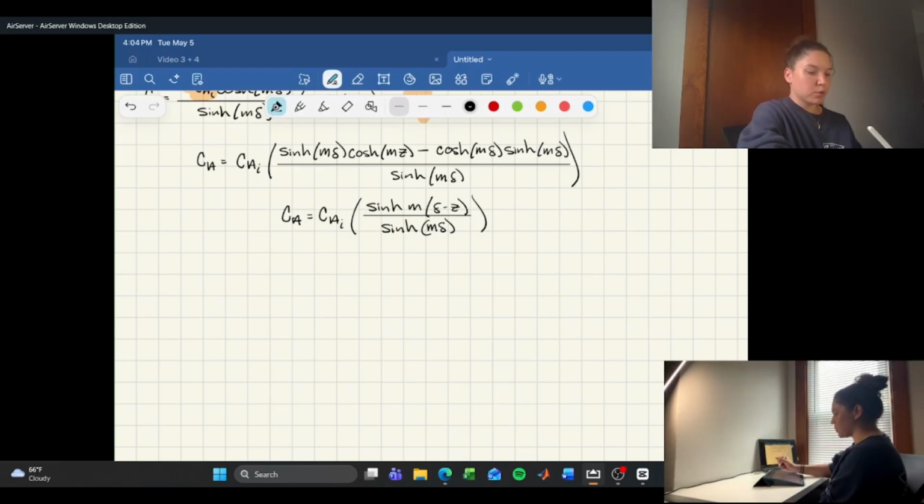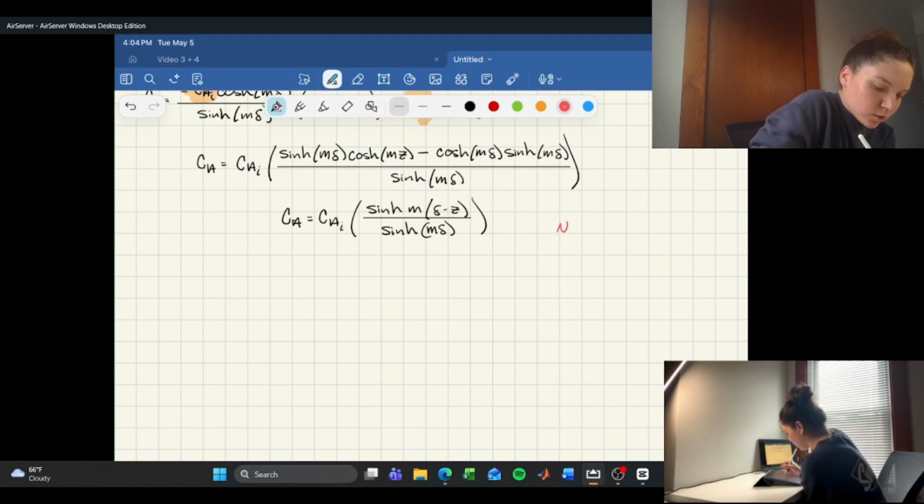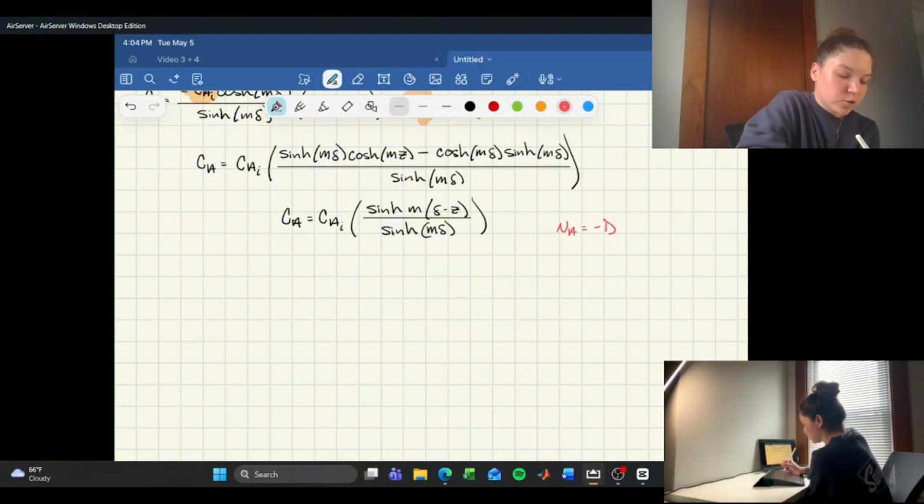And then if we remember back to the beginning of the video, we said that the molar flux of component A was equal to the negative diffusion coefficient times the concentration gradient.